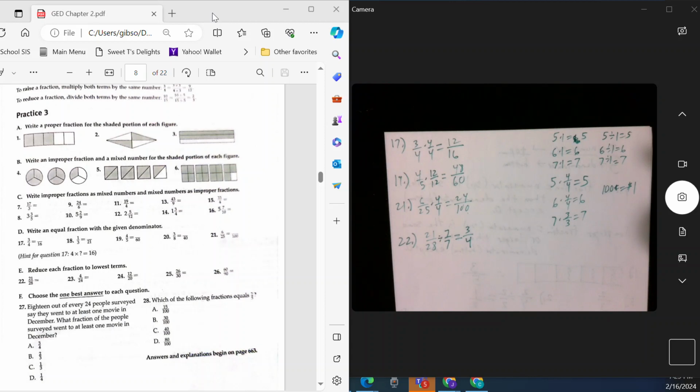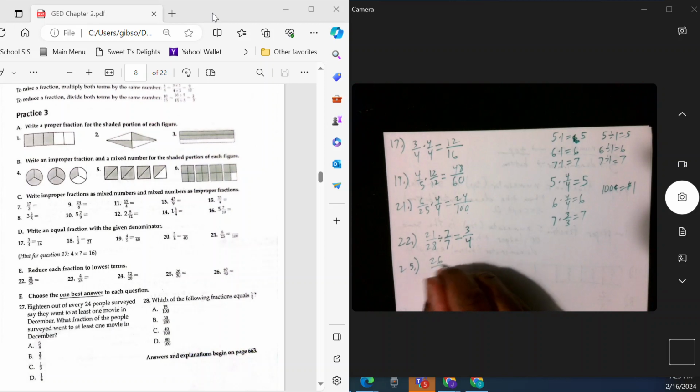Now we could jump on over to 25. 25, we have 26 over 30. So we ask ourselves, what does 26 and 30 have in common? Now, if you're looking at this number and can't think of anything, remember 26 and 30 are both even numbers.